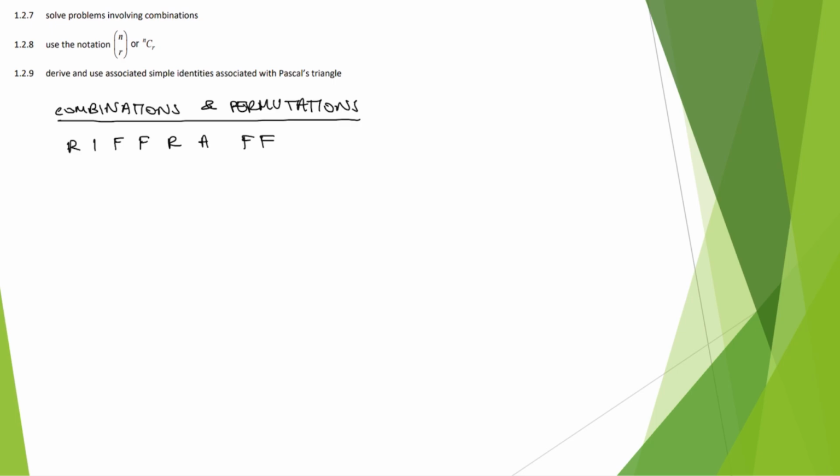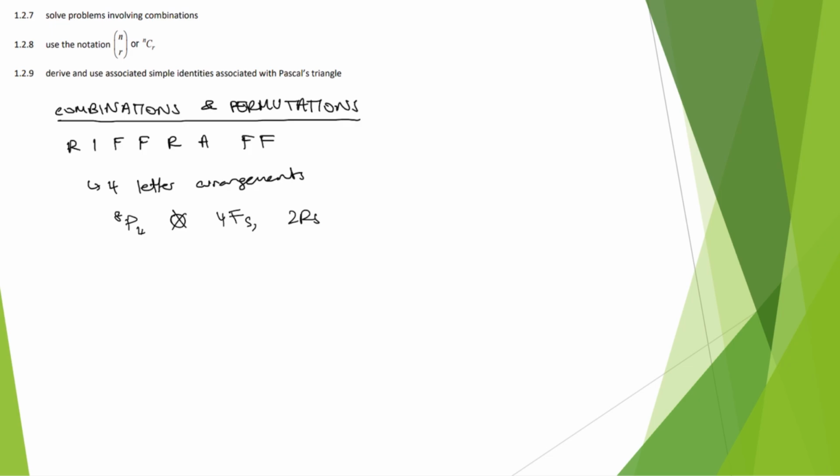And we want to determine the number of possible 4-letter arrangements. Now, we can't simply do 8 permute 4. The reason why we can't do this is because we have 4 Fs and we have 2 Rs, which are identical, and thus rearranging those letters won't change anything.